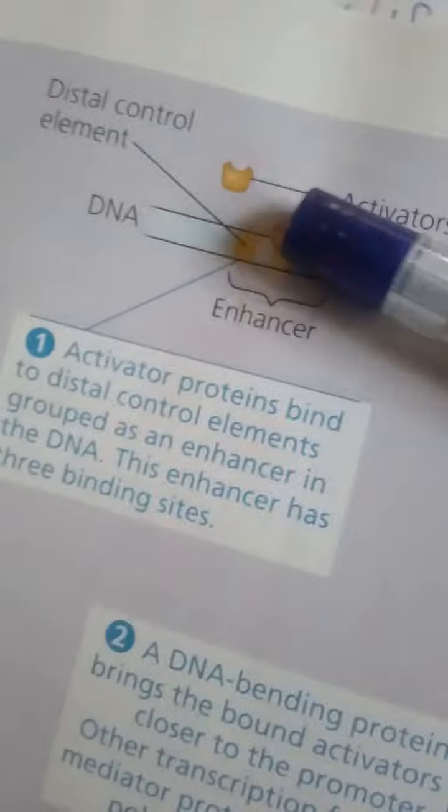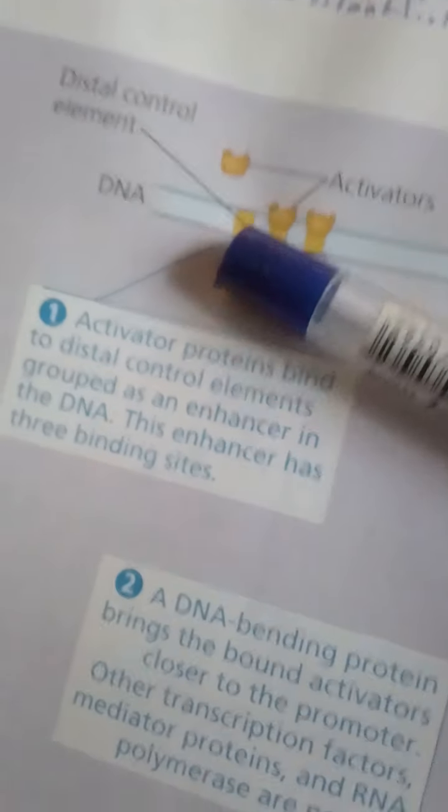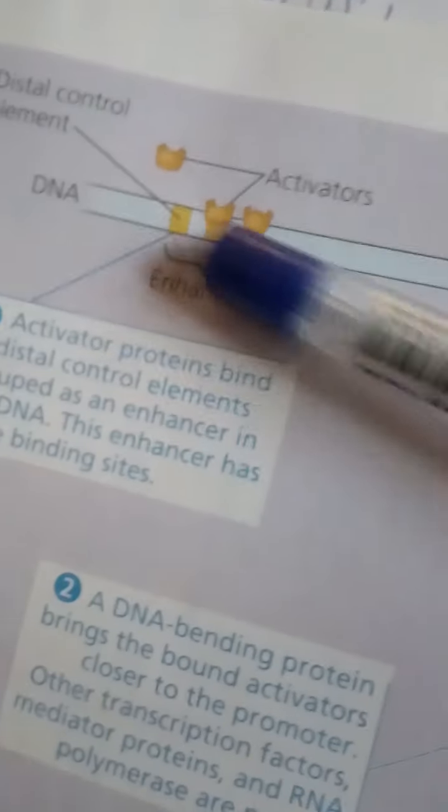Back to the stage. Notice also activator proteins bind to distal control elements grouped as an enhancer in DNA. This enhancer has 3 binding sites. Notice also here a DNA binding protein. A DNA binding protein brings the bound activators closer to the promoter.